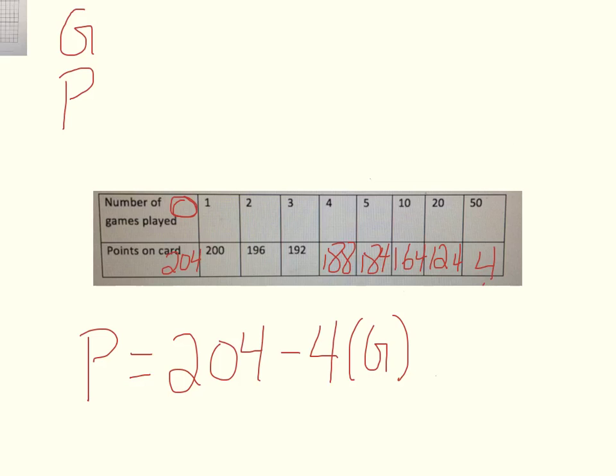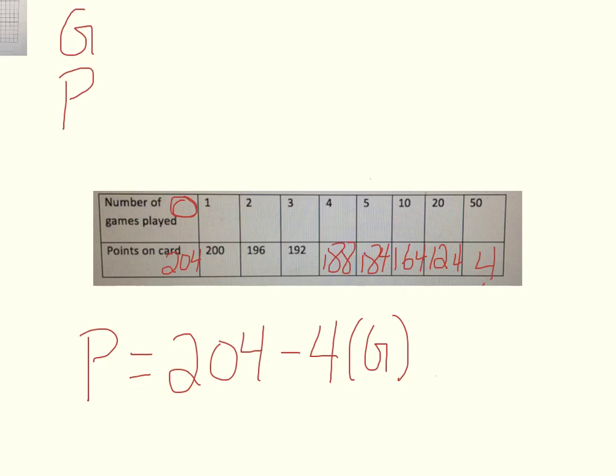So my equation is P equals 204 minus 4G. And that's why if I plug in 51 for G, I would get 204 minus 4 times 51, which is 204 minus 204, so 0. So if I played 51 games at Dave & Buster's with this card, I would have 0 points left.